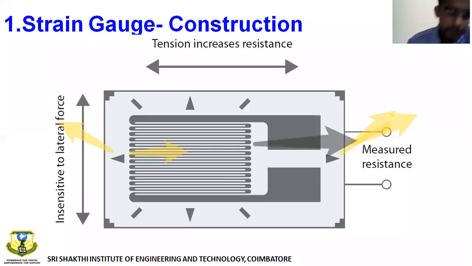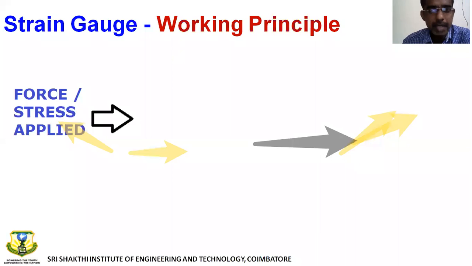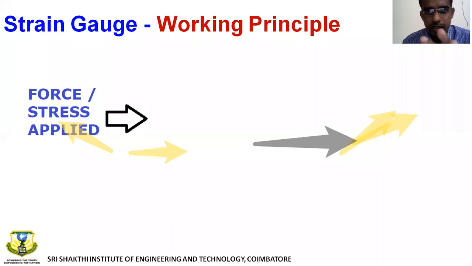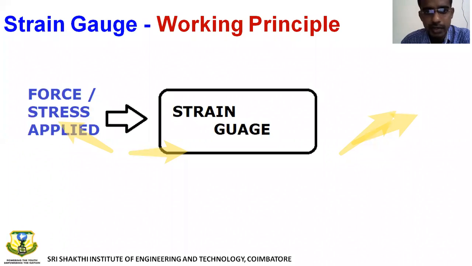So here the basic working principle is force or stress is being applied. You see, stress is something being applied. Then it goes to the strain gauge. So the strain gauge is the transducer here, right?